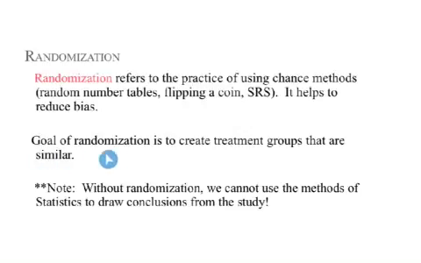The goal of randomization is to create treatment groups that are similar. Again, then we can really see what the effects of the one condition we're looking for. Without randomization, we cannot use the methods of statistics to draw conclusions. If you don't randomly choose your subjects, you're throwing in bias, and the minute we have bias, all our results are null and void.